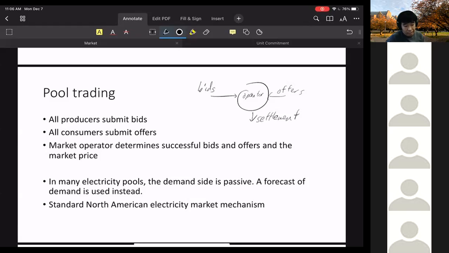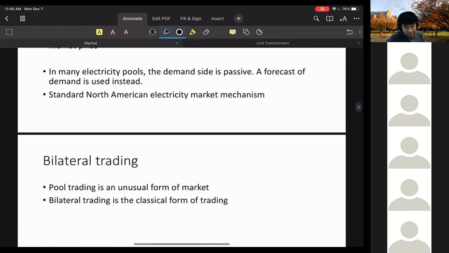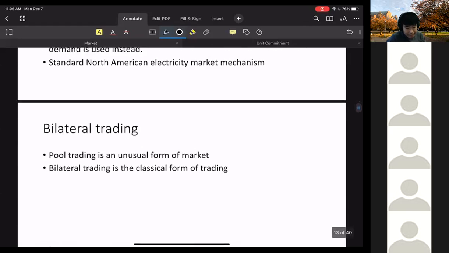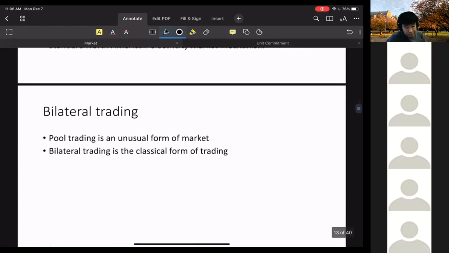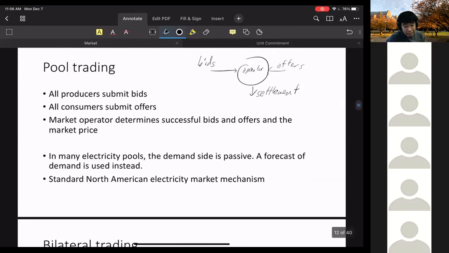Okay. So the other alternative to this pool trading is bilateral trading. This pool trading, to some people, is too centralized, right? If you're a true believer in the free market, then there are some drawbacks with pool trading.